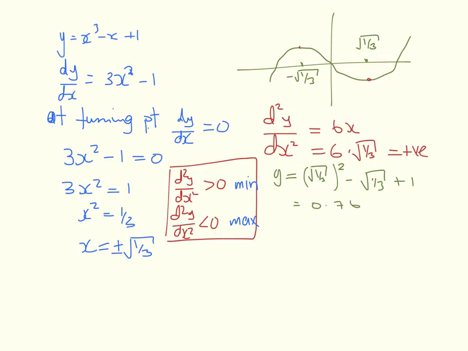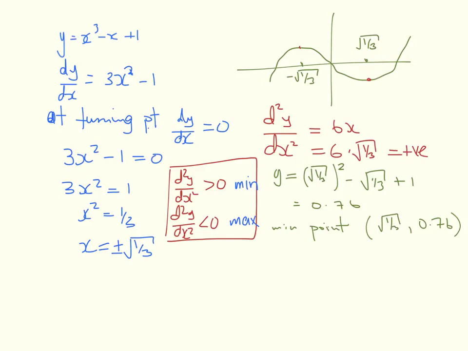A quick job in the calculator will sort that out, which gives me 0.76. So it means that my minimum point, or minimum coordinate, is root a third and 0.76.